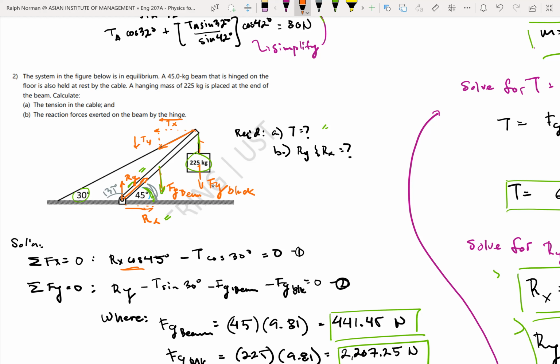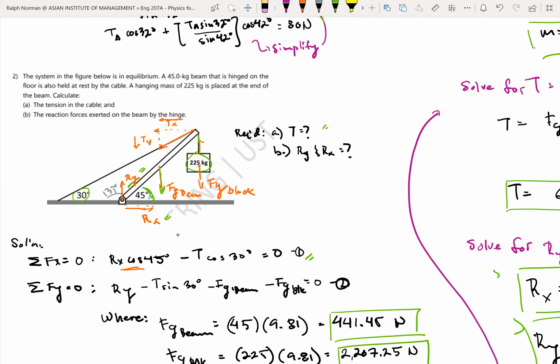Okay, then equals to 0, and that will be your equation 1. Next is yung y forces mo naman, y components mo. For y, you have yung weight ng beam, you have yung weight ng block, and then you have yung y reaction forces ng hinge. So you start with that. So yung Ry mo is pointing upwards, diretso lang naman siya.